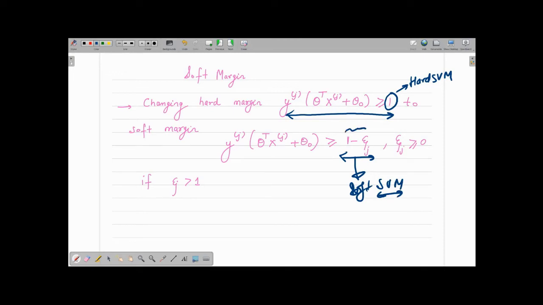So if you do this, you are actually allowing errors to move within the boundaries. So this is basically the 1 minus zeta, which is trying to relax the boundary for the SVM. Earlier the boundary was hard SVM. Okay.